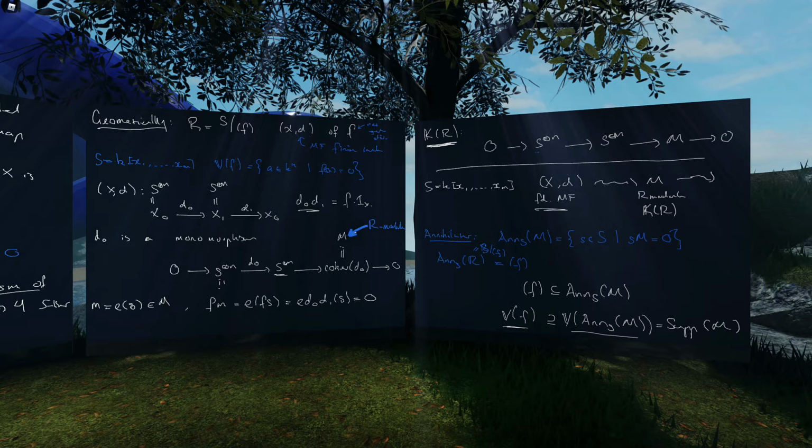And then to that, we've associated an algebraic subset called the support of M, which is contained in the vanishing set of F, right?